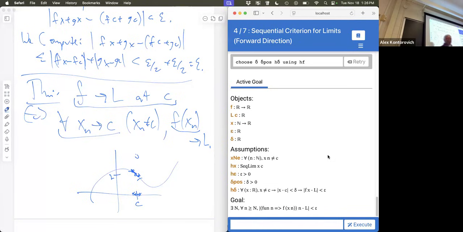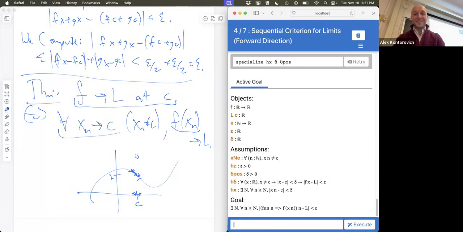So I'm going to specialize HX to delta, and the fact that delta is positive. That says there exists an N, so that once you're past that value, x_n minus c is less than delta. Sorry? Exactly.